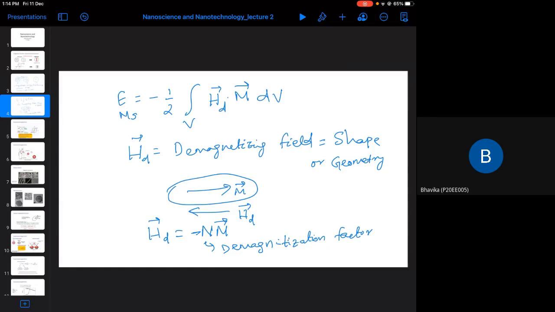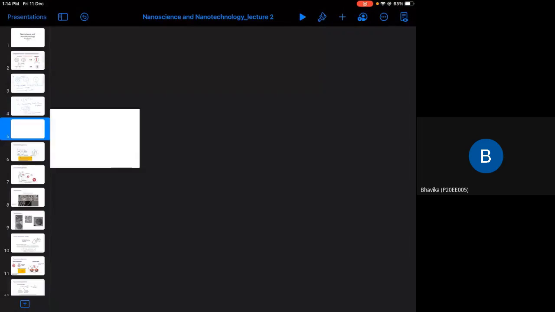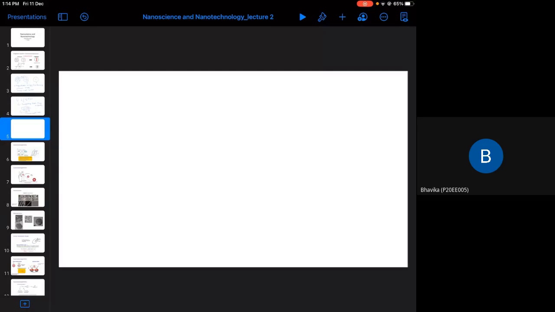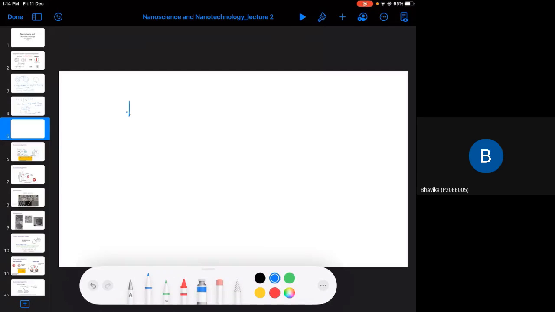But this value of N can be very difficult to calculate for different geometrical shapes. For simple geometrical shapes it is easy to calculate, but for arbitrary shapes it is very difficult. For a sphere, H_D will be minus one third of M, so your value of N will be one third.